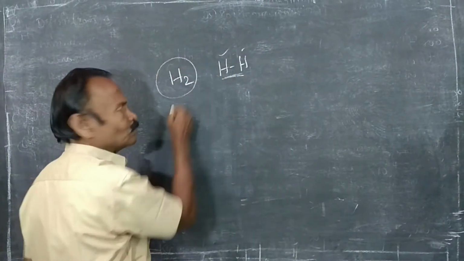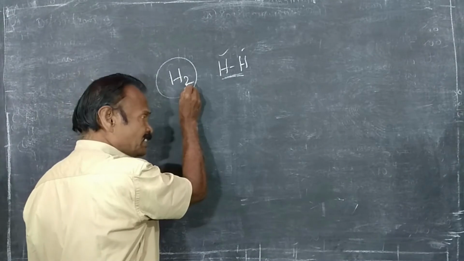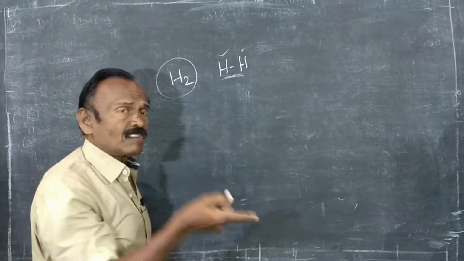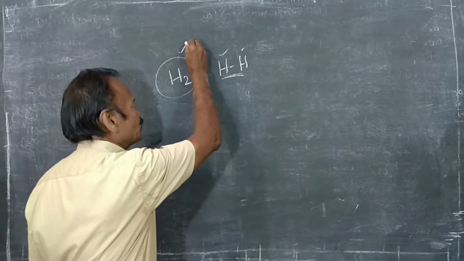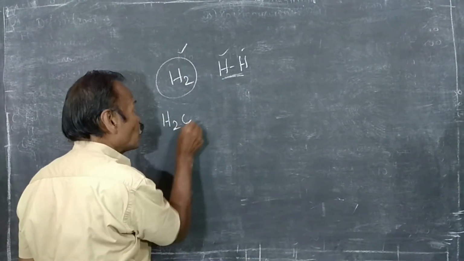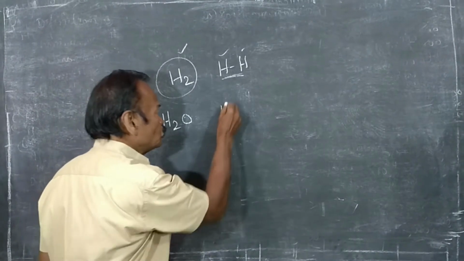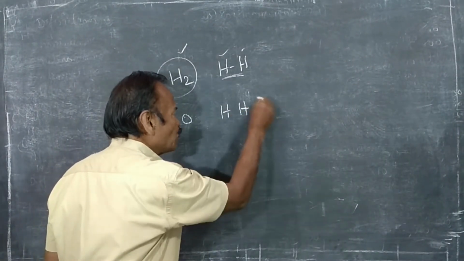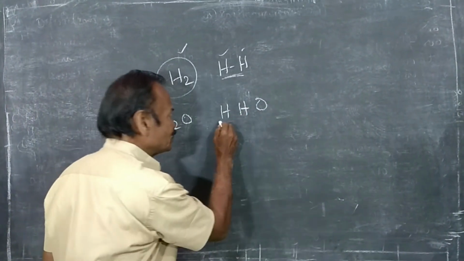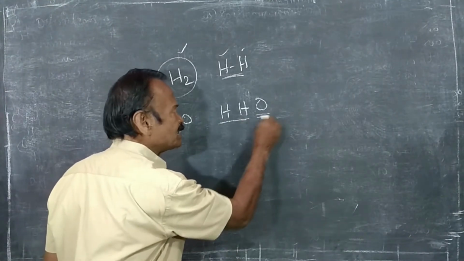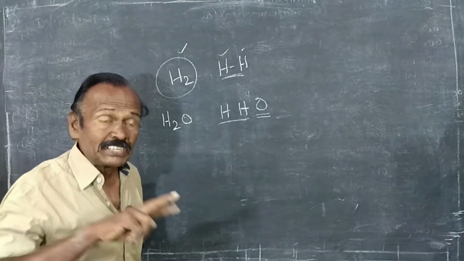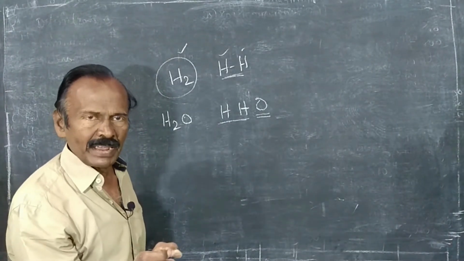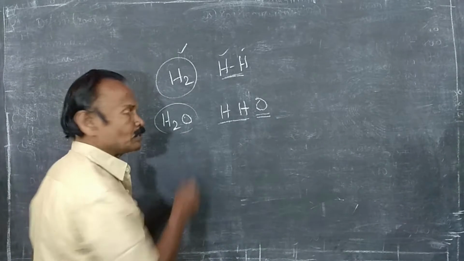So this is a molecule in which two atoms of same element combine together to form this molecule. If you take water, here two hydrogen atoms and one oxygen atom. So this is one element, this is another element. So here atoms of different elements combine and form water molecule.